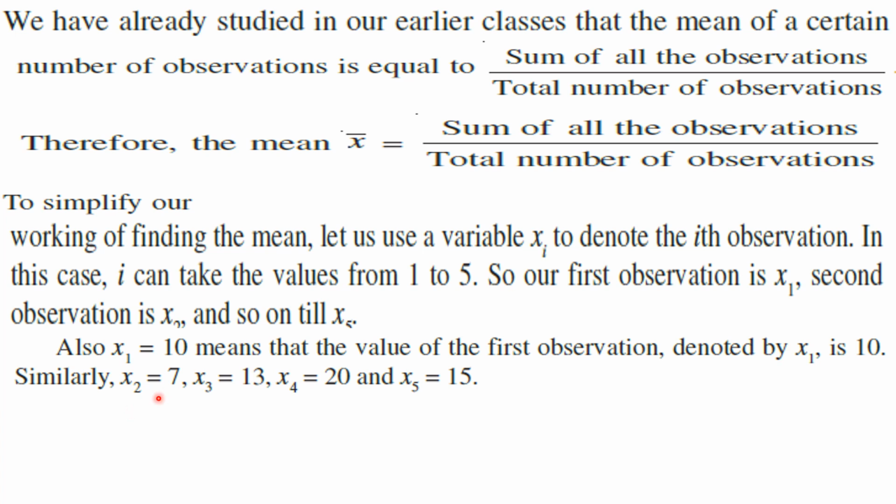Similarly, x2 is equal to 7 means the value of the second observation is 7. x3 is equal to 13 means the value of the third observation is 13. x4 is equal to 20 means the value of the fourth observation is 20. And x5 denotes the value of the fifth observation, that is x5 is equal to 15. Understood this point, my children? Right.